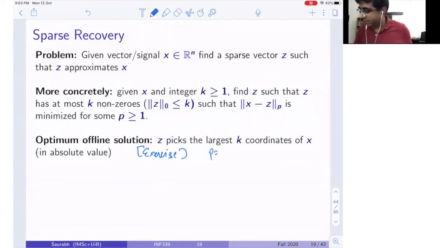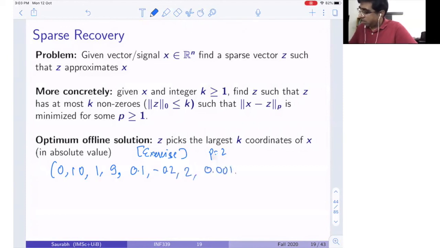Say p equal to 2, it is definitely obvious. Because, what will be the error term? You cannot do better than, for example, suppose you had 0, 10, 1, 9, 0.1, minus 0.2, 2, 0.001, 5, or whatever it is.